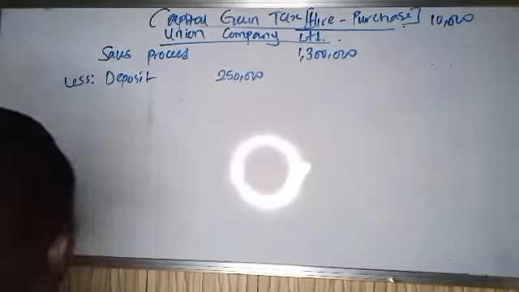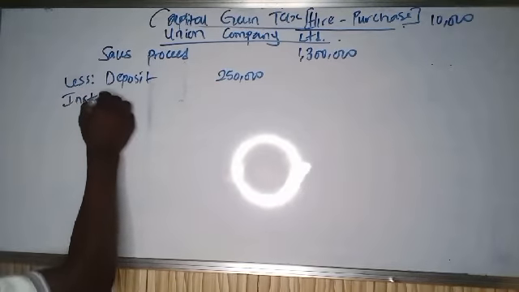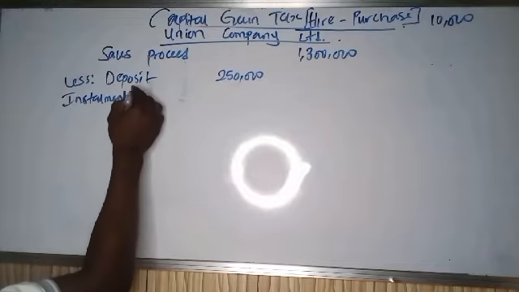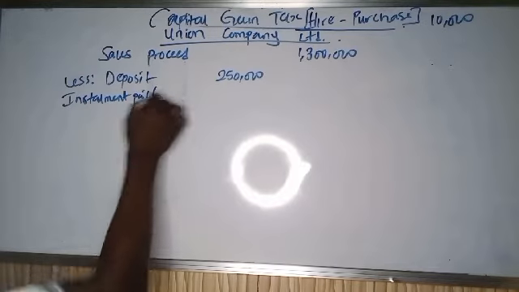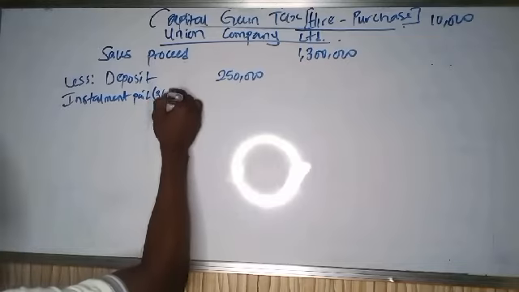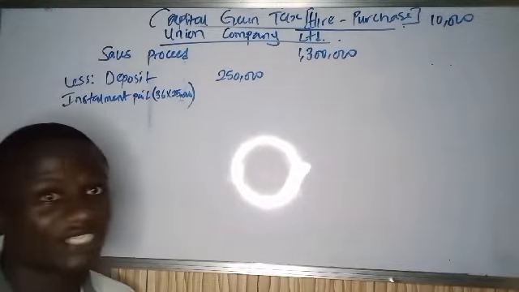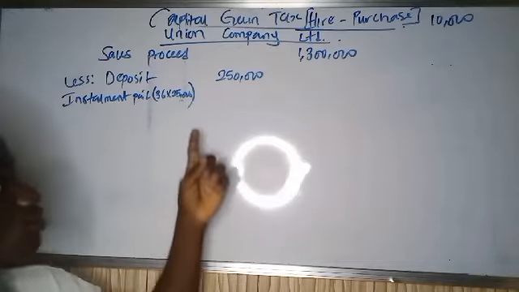So now the installments paid. So far he has covered the 36 months installments. That will be 36 months times 25,000. I hope we get that, because he has paid already. He has paid for 36 months at 25,000.